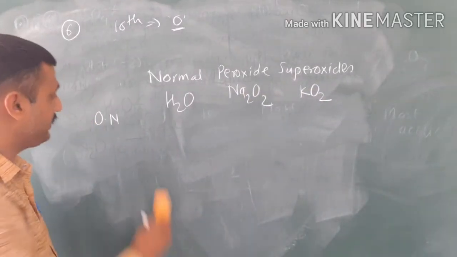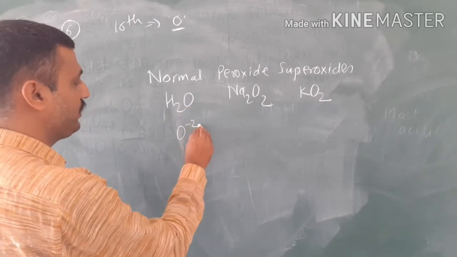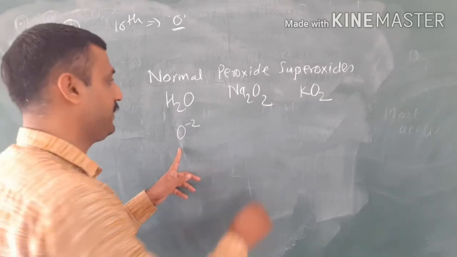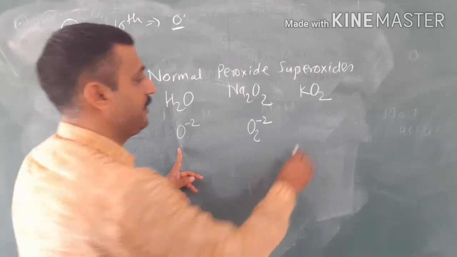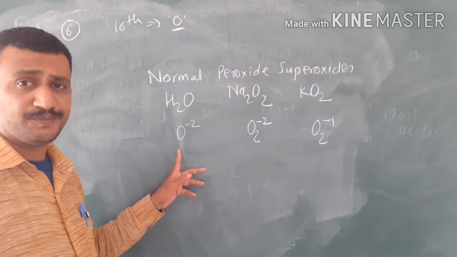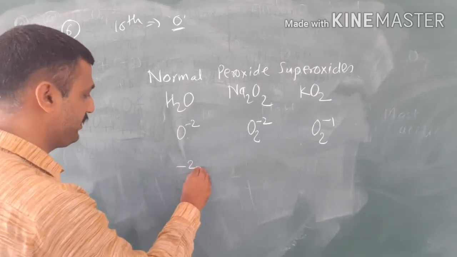The difference is in the corresponding ions. In H2O, O²⁻ is the oxide ion. Don't forget, O²⁻ is the oxide ion we most commonly observe. O2²⁻ is the peroxide ion, and O2⁻ is the superoxide ion. So a single oxygen carries how much charge in the normal oxide? Minus 2.